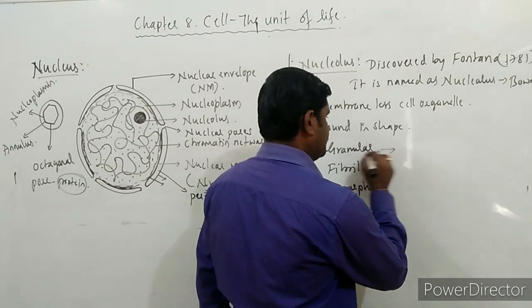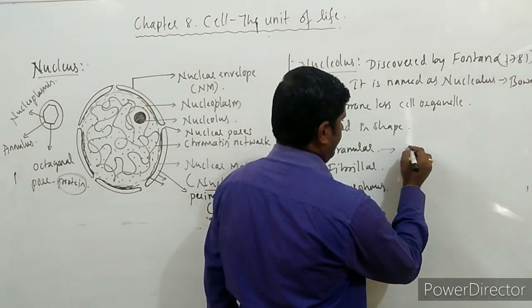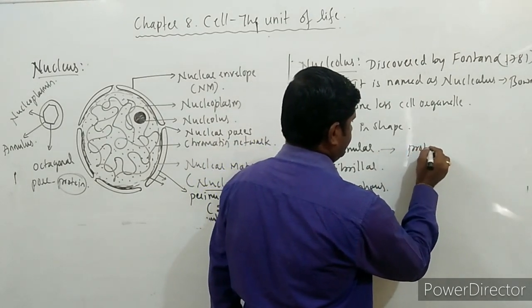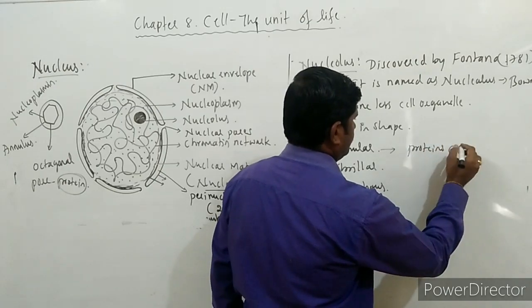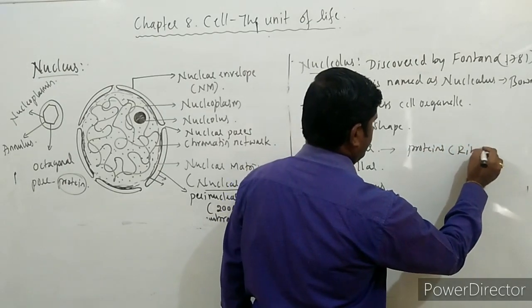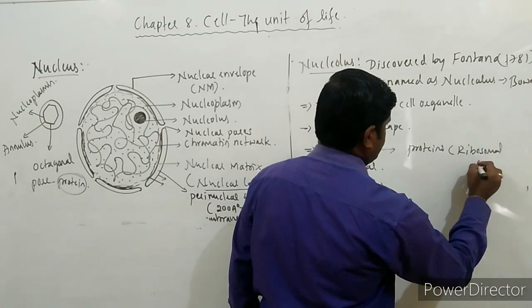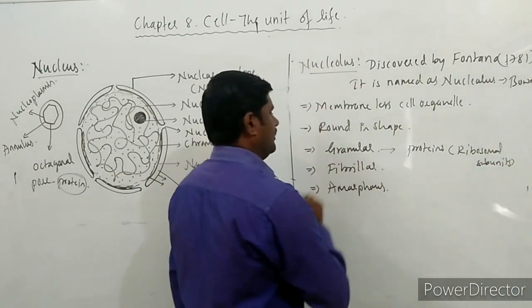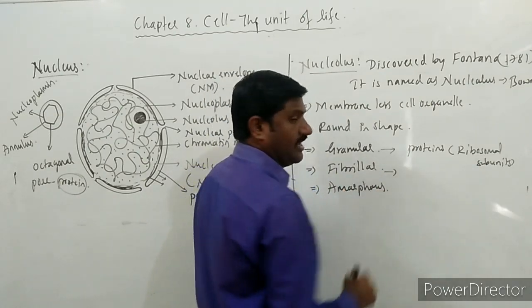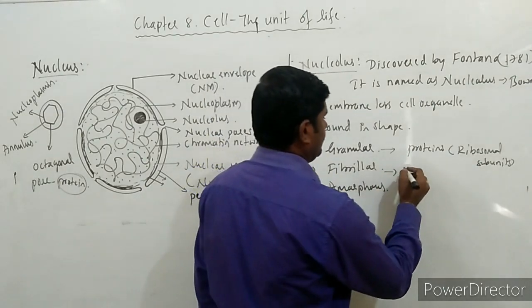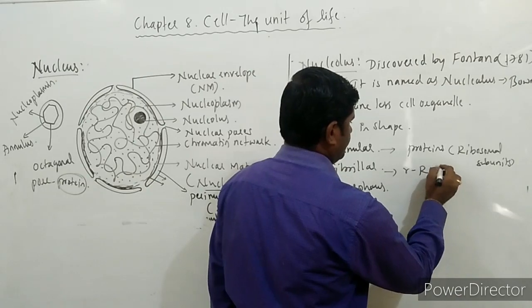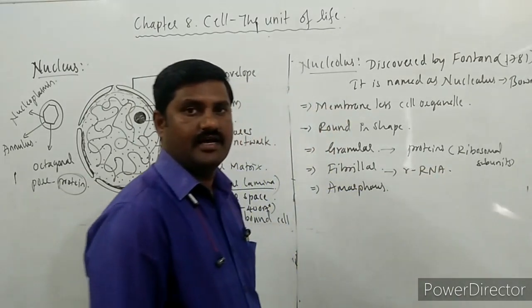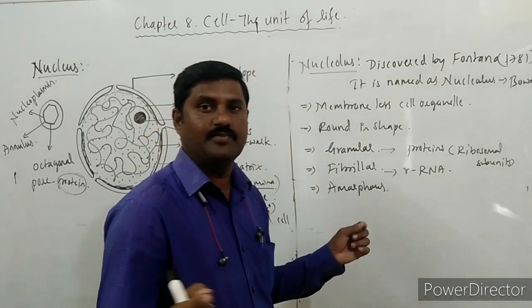This granular structure mainly consists of the proteins which form the ribosomal subunits, right? The fibrillar structure mainly consists of rRNA, especially rRNA. It is an elongated, fiber-like structure.